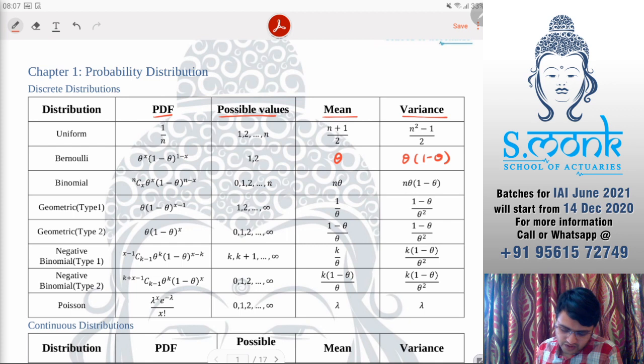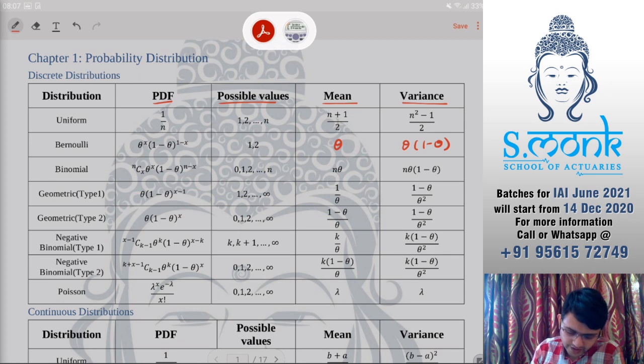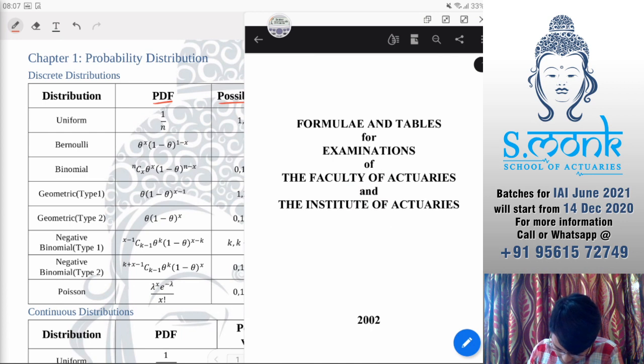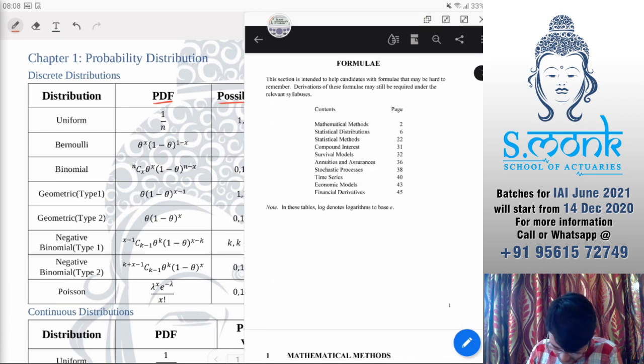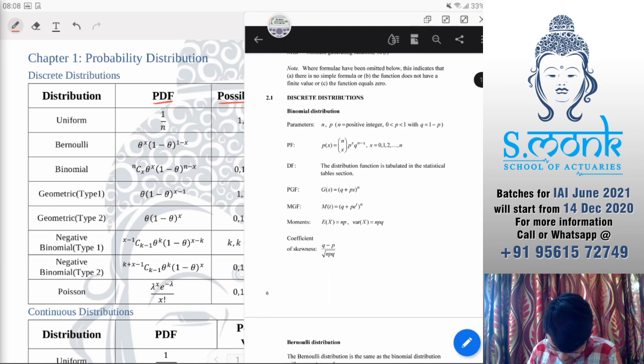We need probabilities, the possible values, and the mean and variances. Of course everything is given in your table book, which you can refer to anytime in the examination, but I have just written them together so that we can compare distributions.